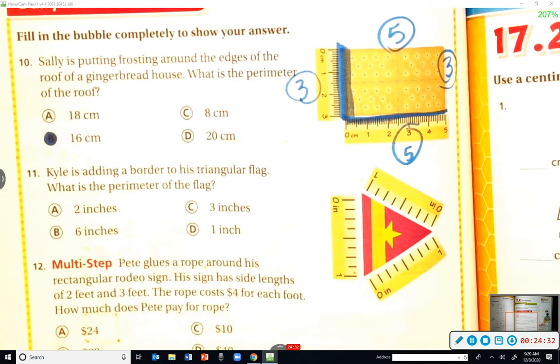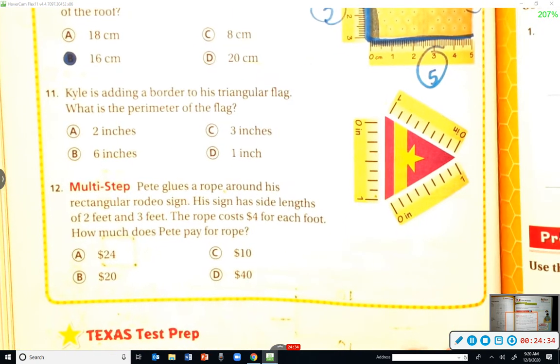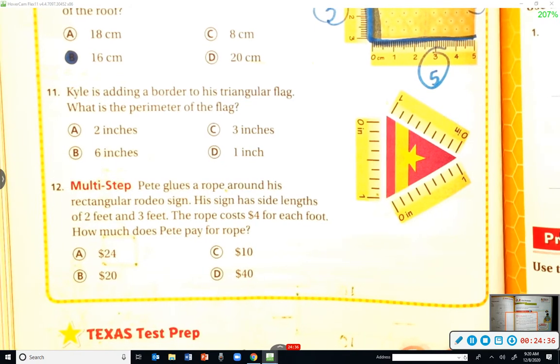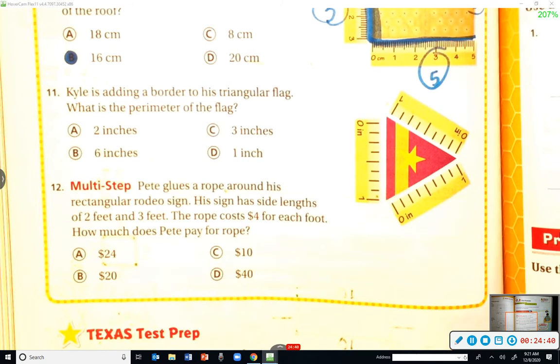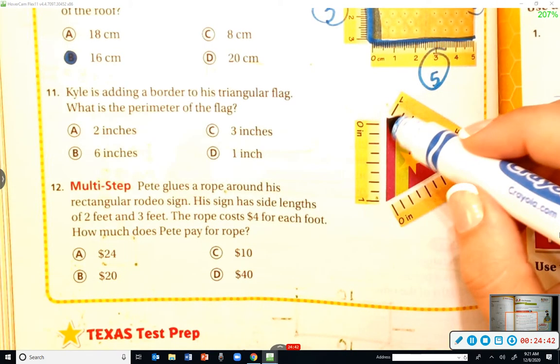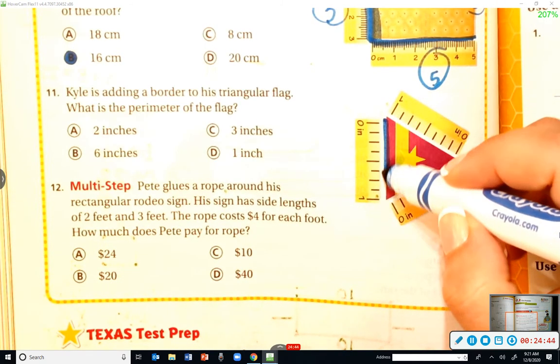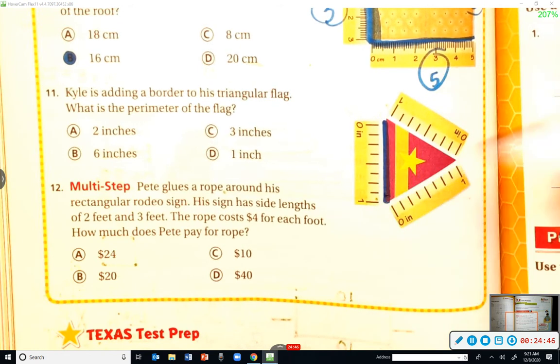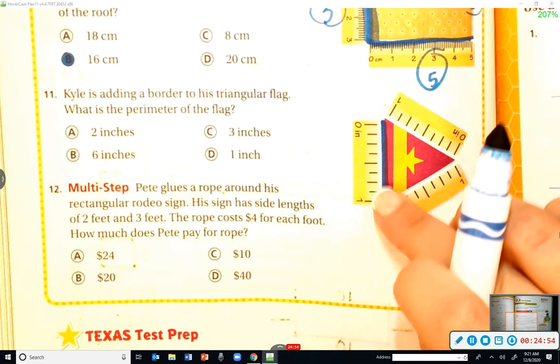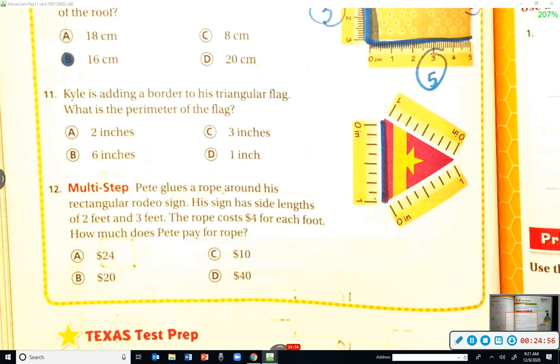B. Number 11. Kyle is adding a border to his triangular flag. What is the perimeter of the flag? Okay, so we're looking at the ruler. How long was this side by looking at that ruler? What was it, Javea?